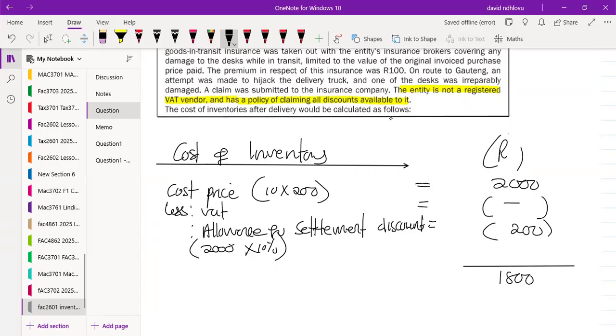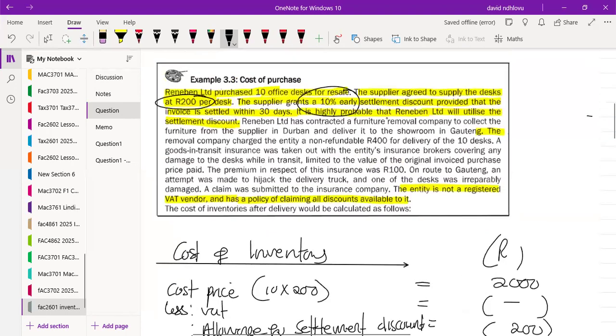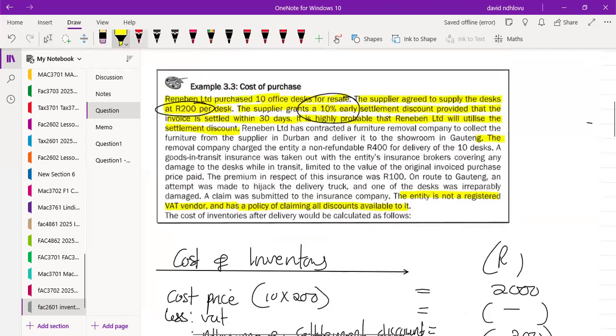Right, so we want to read and say what other costs were incurred to bring the inventory into our premises. There were transport costs. Renepen Limited has contracted a furniture removal company to collect the furniture from the supplier in Durban and deliver it to the showroom in Gauteng.